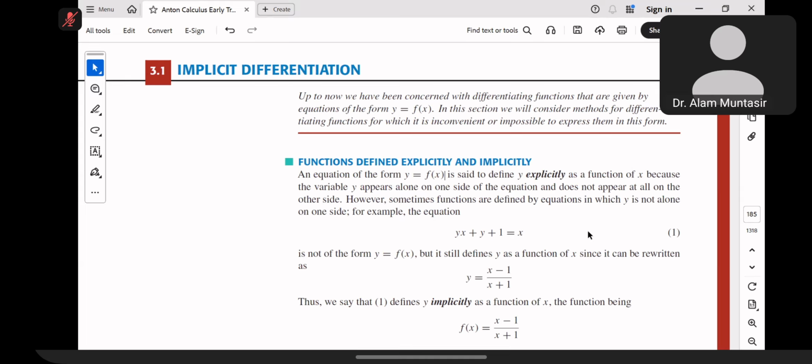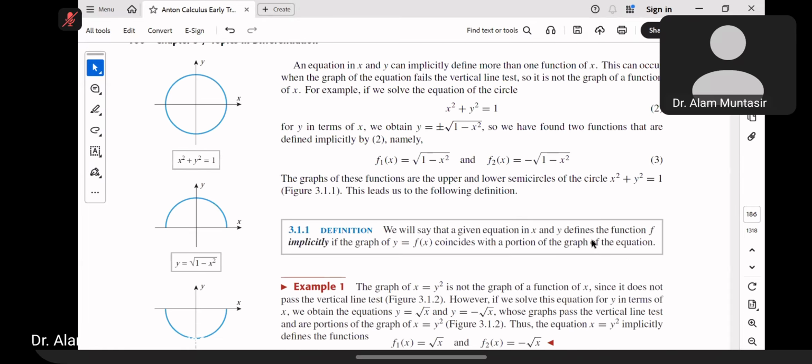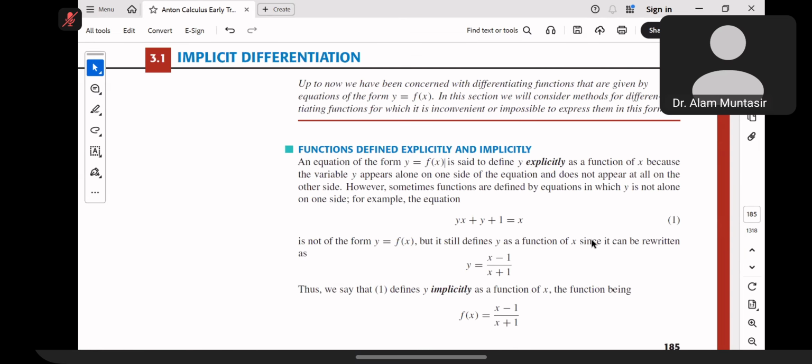Now, if the function is expressed in implicit form, then the differentiation we need to apply is known as implicit differentiation. Now, someone can ask me how an implicit function can be described. Implicit function means x and y are in a mixed form.